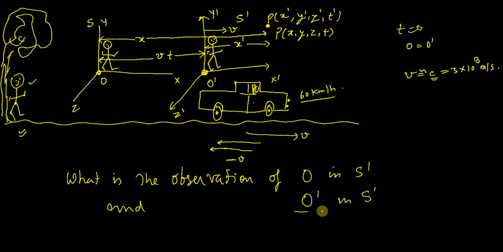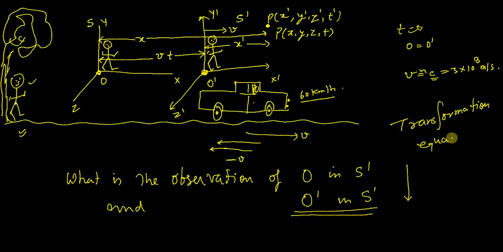The observation is true for this O prime, but how does this observer O look at the event in the S prime frame? So we have to develop a relationship, and that relationship we find with the help of some transformation equations or relationships between the coordinate systems, right? We have to discuss that here.